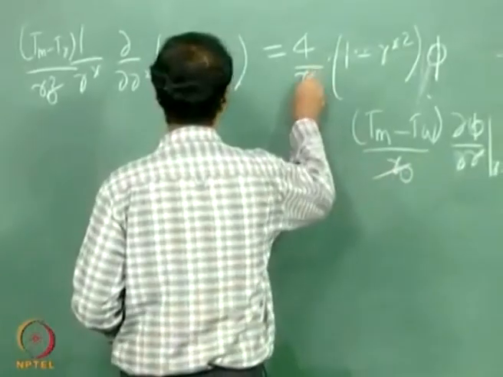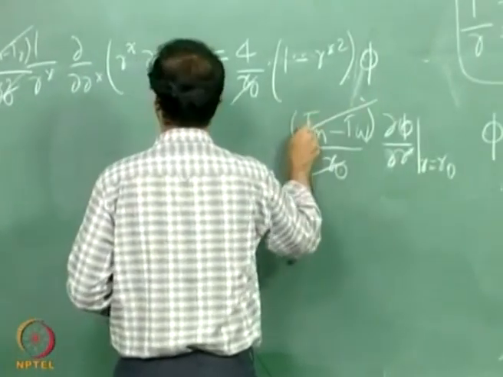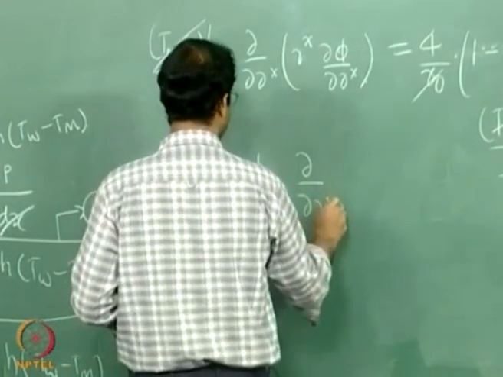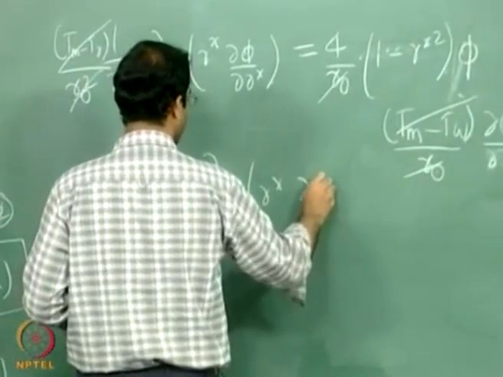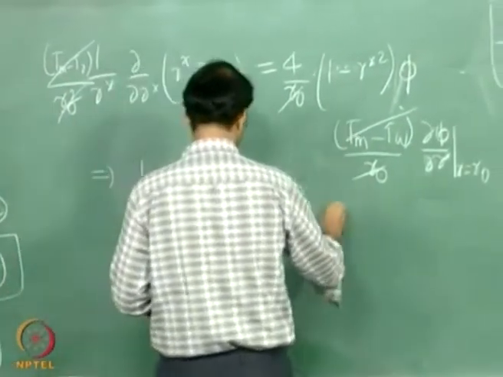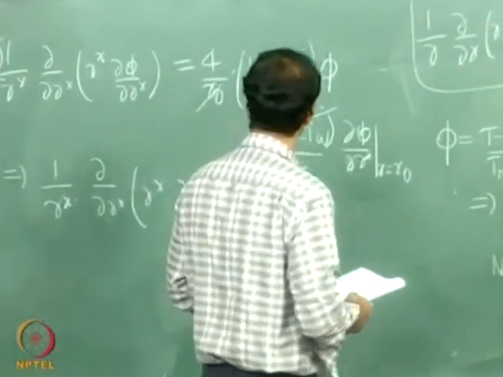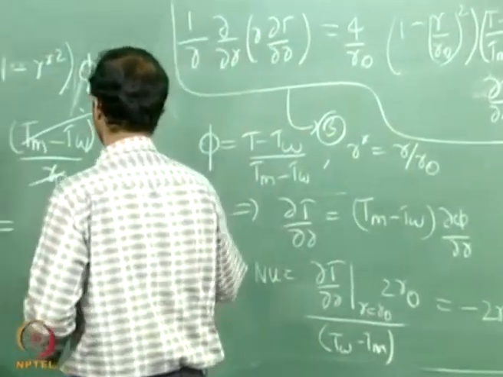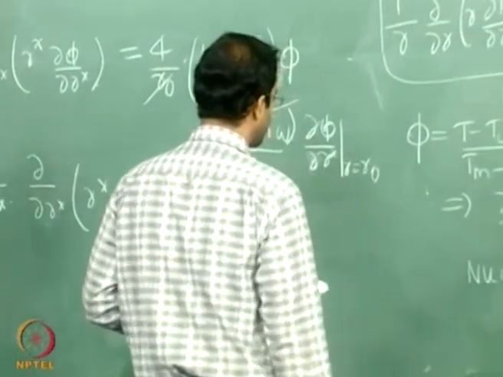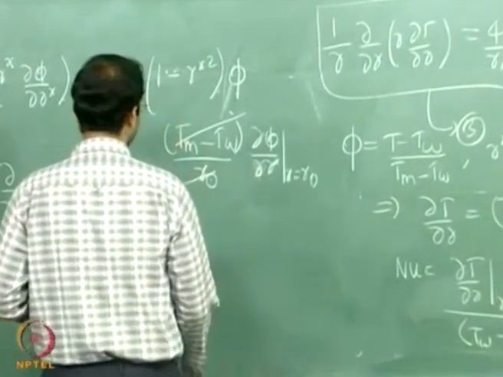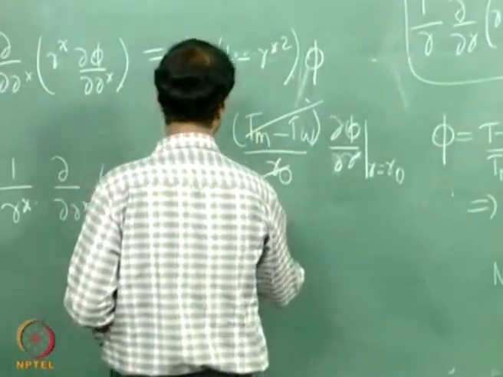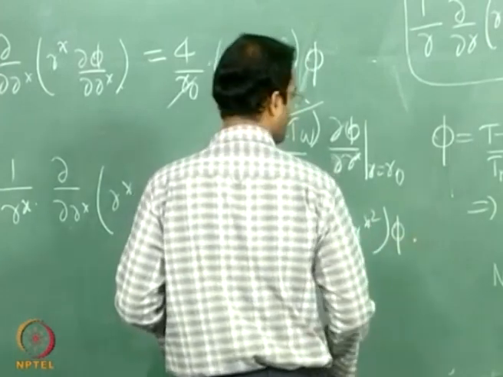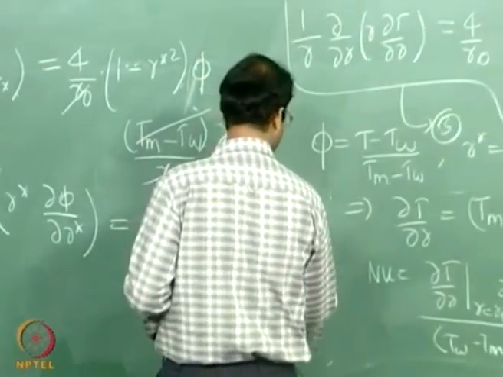So r naught square will cancel, Tm minus T wall cancels, and I am left with the final non-dimensional form: d by dr star of r star d phi by dr star, which is equal to, now that I have the expression for Nusselt number as minus 2 r naught into d phi by dr, I can replace d phi by dr as Nusselt number by 2 r naught, so this will be minus 4 into 1 minus r star square into phi into Nusselt number by 2 r naught.